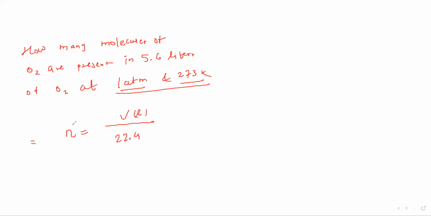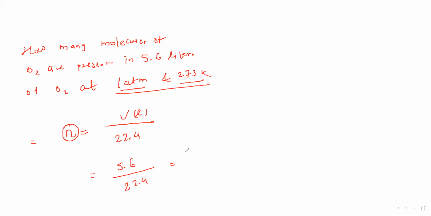So how many molecules now? Are we interested in number of moles? No, right? From this formula, we get the mole. So how many moles will be there? Tell me. Volume is what? 5.6 upon 22.4. You get the value as the number of moles.